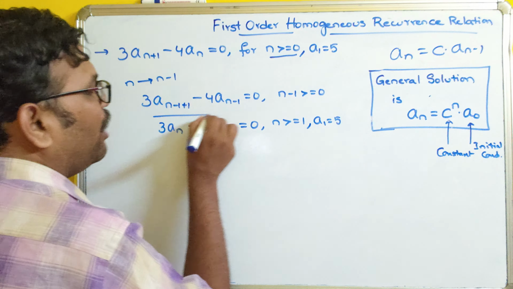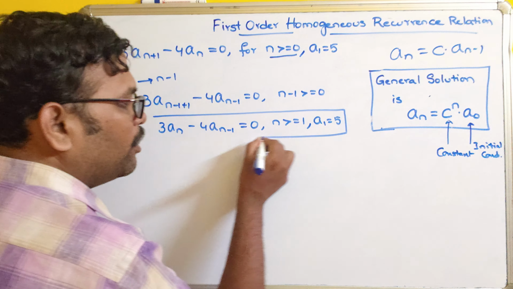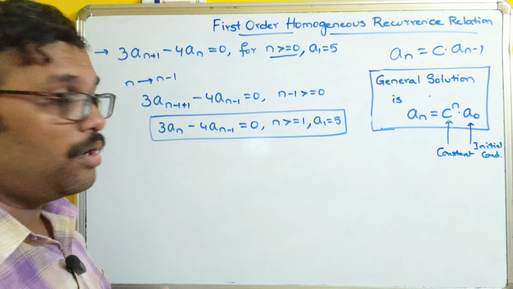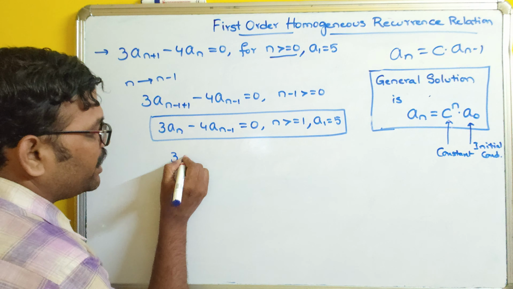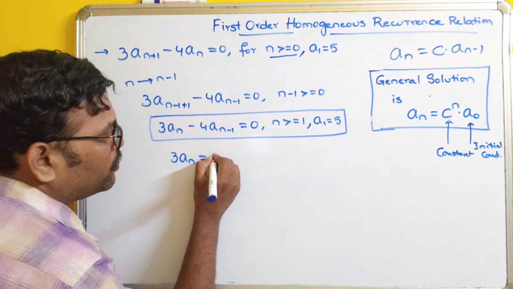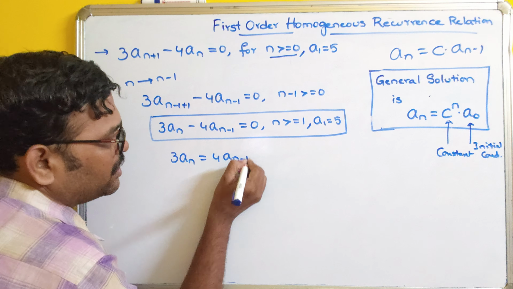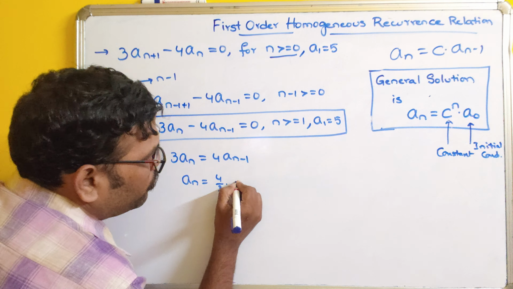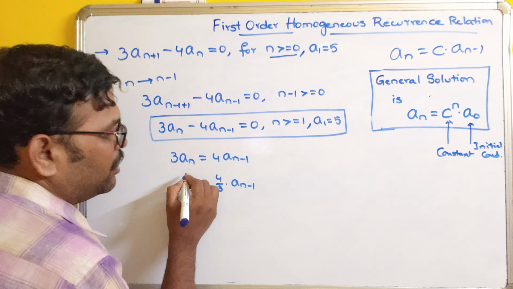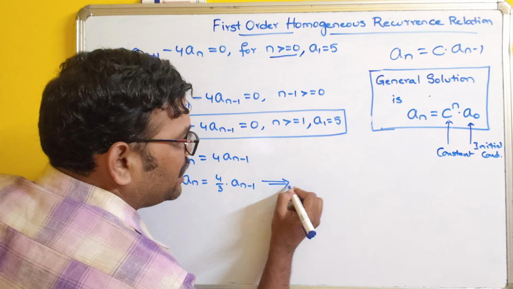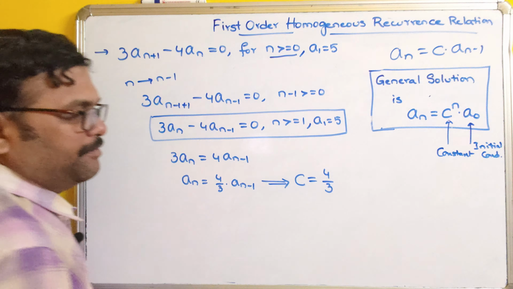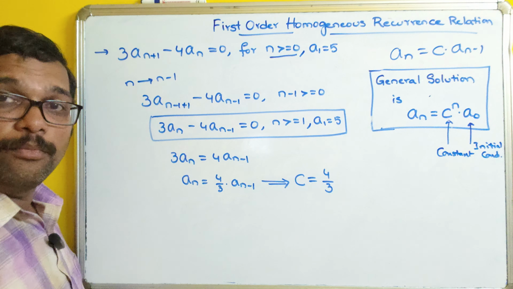So we have converted the given problem to the first order recurrence relation. Now we have to solve it. From this we can say 3an is equal to 4an minus 1, so an is equal to 4 by 3 into an minus 1. From this we can decide c is equal to 4 by 3, constant.